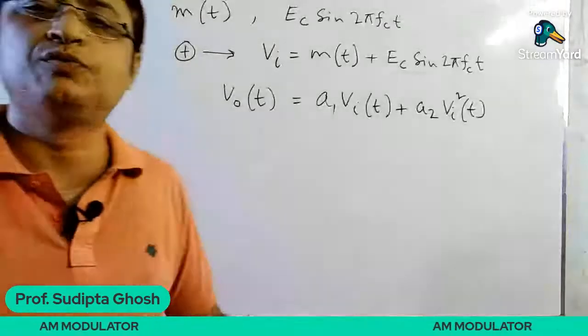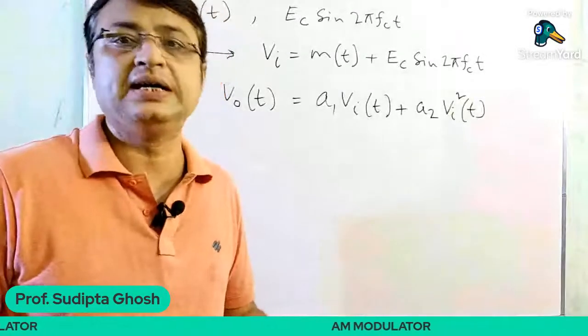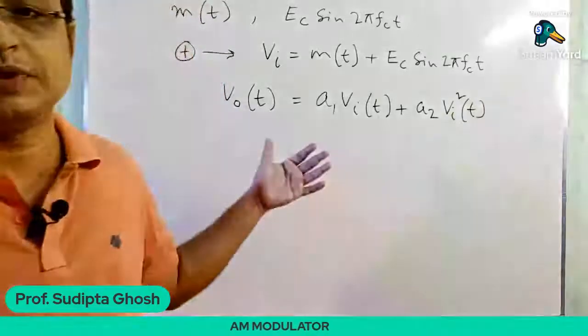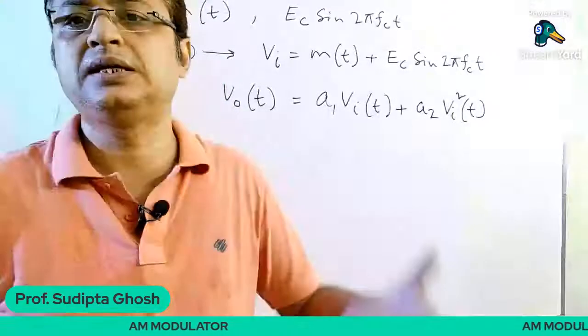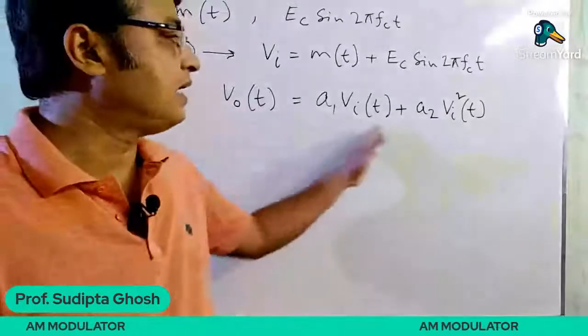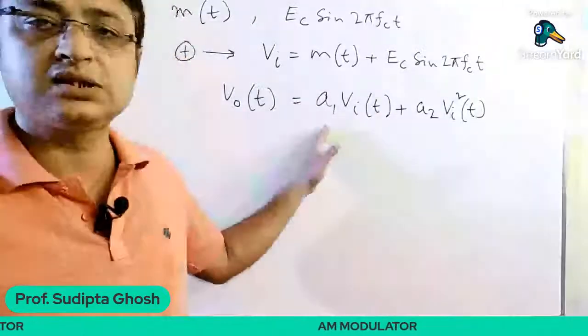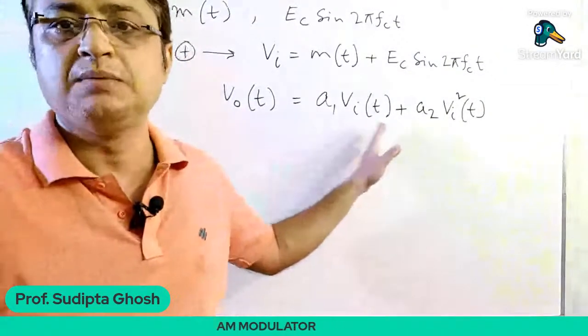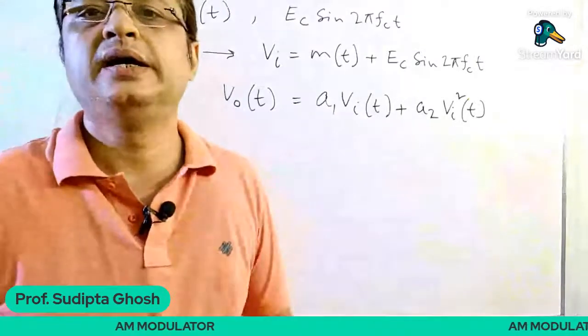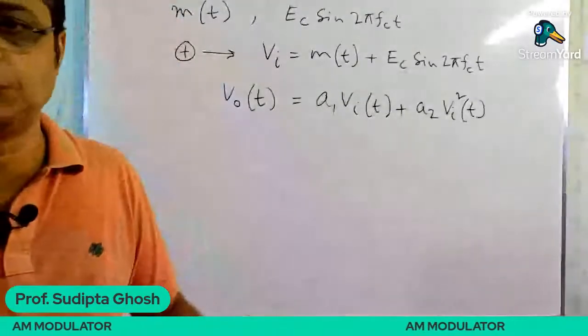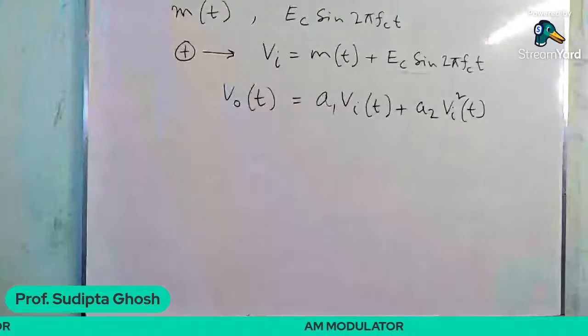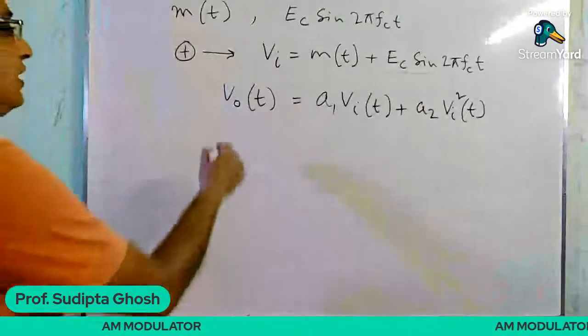as the output voltage of any nonlinear device, or of a simple PN junction diode, can be written in terms of a constant into the input voltage plus another constant into the square of the input voltage. So now let's substitute the input voltage here.